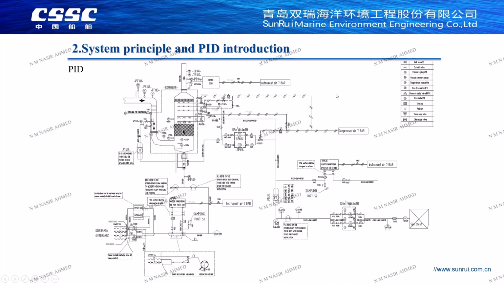The smoke passes through the filler first and then fully combines with the seawater. After cleaning, the flue gas is discharged directly upward. Before discharge, we use a flue gas analyzer for sampling analysis to monitor its emissions in real time and monitor whether the desulfurization effect meets the requirements.